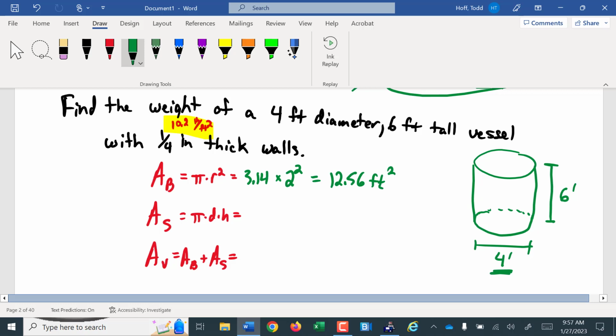For the area of the sides, 3.14 times what? Perfect. Times the diameter of 4, and then the height of 6. So what is that? 25.12? Nope. Yeah, you're right, I'm wrong. What'd you get? 75.36. That sounds better.